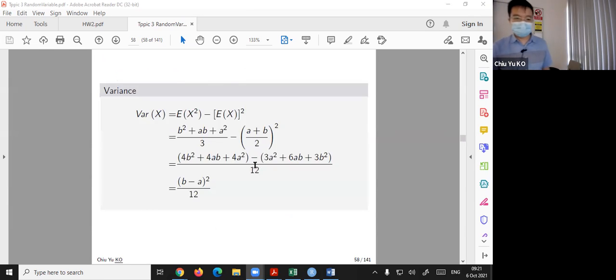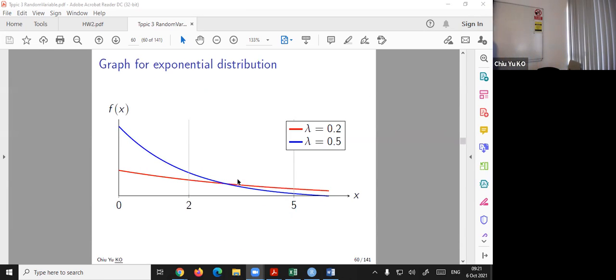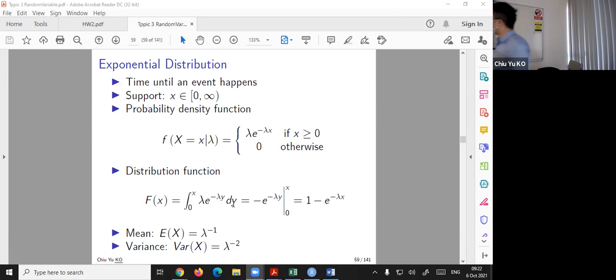That's why when you look at the graph, at 0 this is 0.5 here, and this is 0.2. So the higher the lambda, the faster it drops, because the area must be 1. No matter whether you look at the blue line or the red line, the whole area below must be 1. So the higher the lambda, the faster it drops, and that's why the mean is inversely related to lambda.